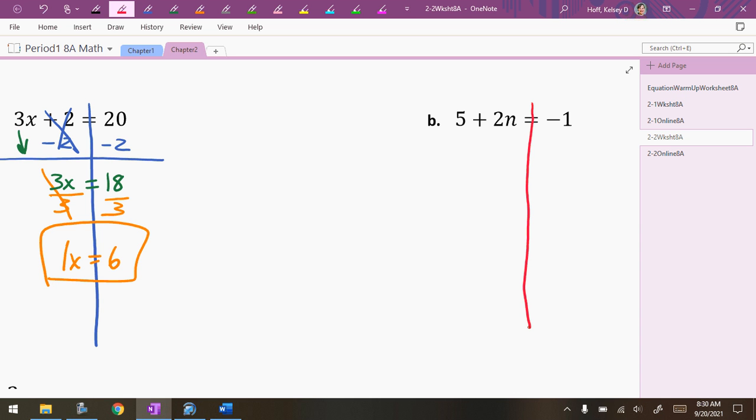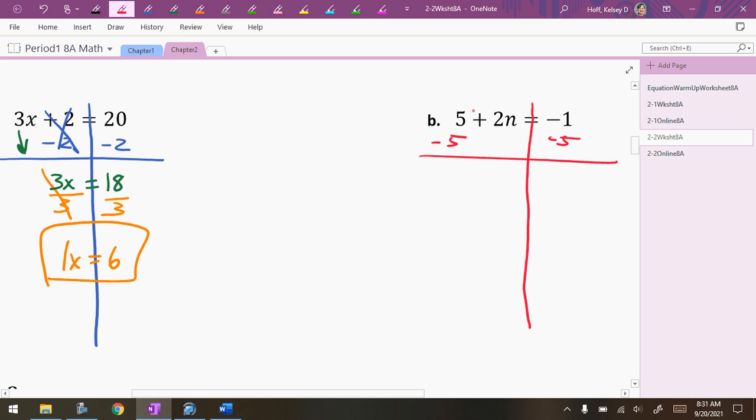Leon, what is the very first thing you did? What is the very first thing you did? When I covered up that 2n, what did you see that you had to do? Very good. We had to subtract 5 from both sides.